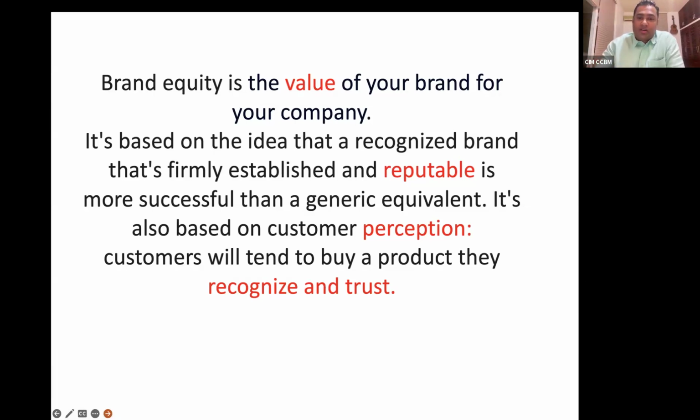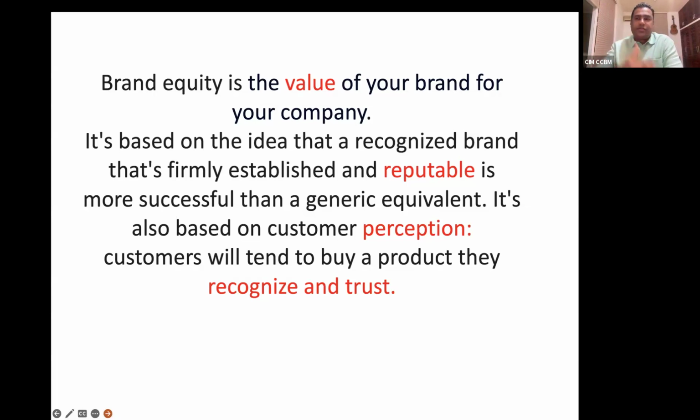It's also based on customer perception. Sometimes you go to buy a product, if you feel that the price is not very high, then you think there's something wrong with it. This can't be real. So branding messes with your mind in terms of quality, in terms of price.